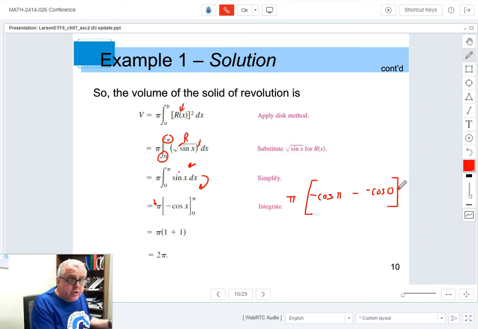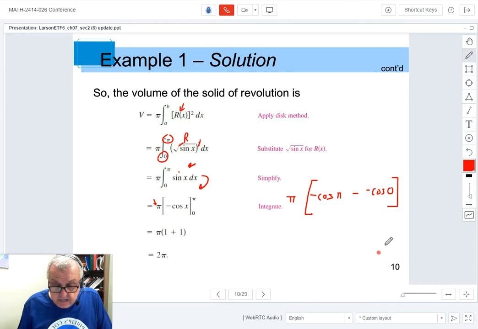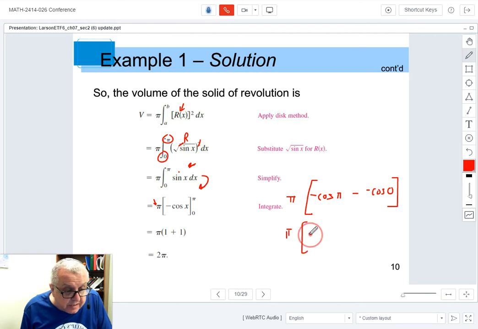And we look at our unit circle, and the cosine of pi equals -1. So we have pi on the outside, there's a negative here, and the cosine of pi is -1.